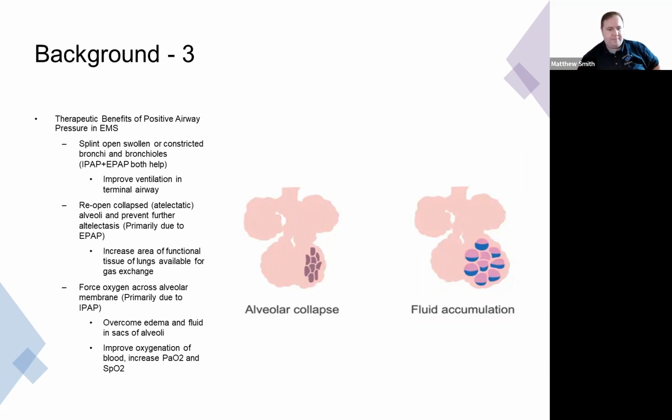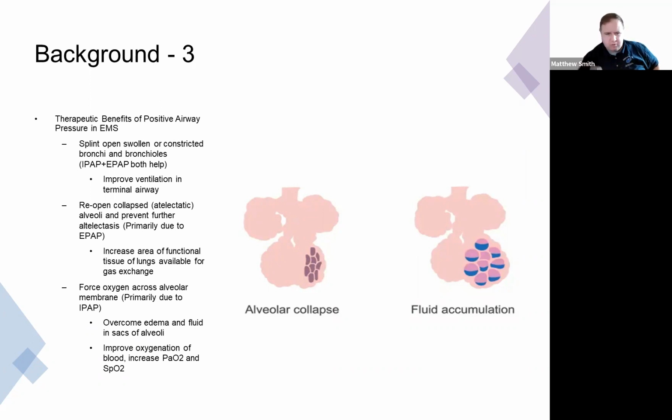The third primary benefit is to force oxygen across the alveolar membrane. This comes into play when we have edema, which is just another word for fluid. So when we have edema or fluid, or even pus that's built up in the alveolar sacs, by increasing the pressure of the gas pushing on the alveolar membrane, we increase the rate at which it diffuses across that membrane, and that improves the oxygenation of the patient's blood.